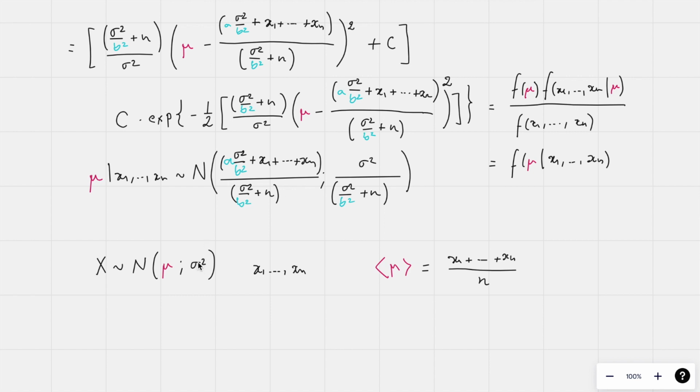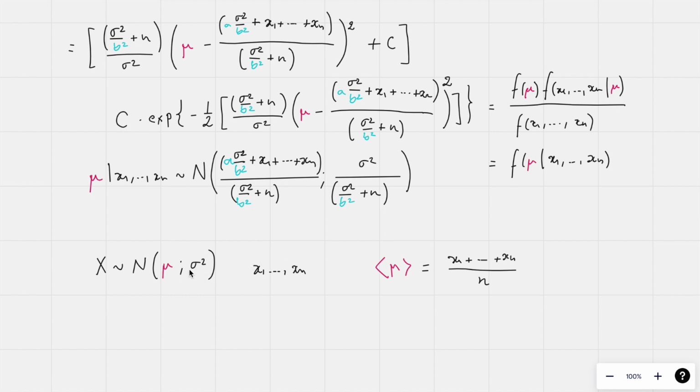And as n increases, as the number of observations increases, you can see that the standard deviation, or the variance, decreases eventually to 0. But we also have some residual information in this b squared term that comes from the initial belief that we had about mu. So that example with the Gaussian distribution is interesting because it's not trivial.